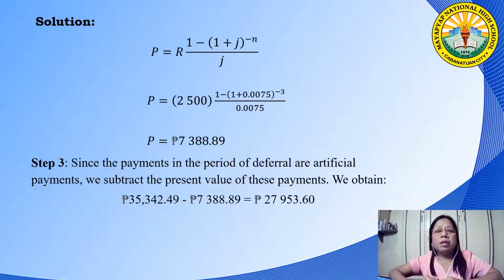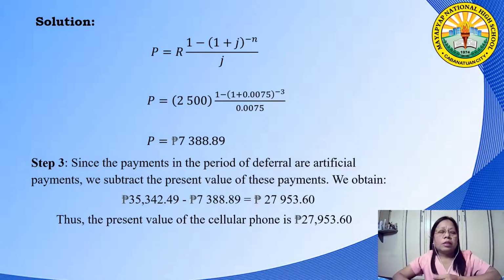So then for step 3, since the payments in the period of deferral are artificial payments, we subtract the present value of these payments. We obtain 35,342.49 minus the artificial payments 7,388.89 equals 27,953.60.